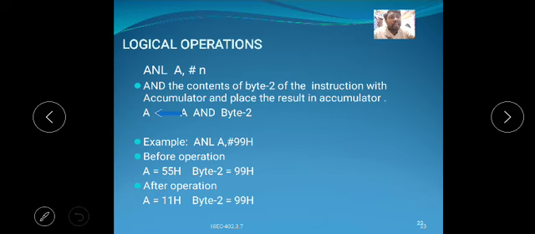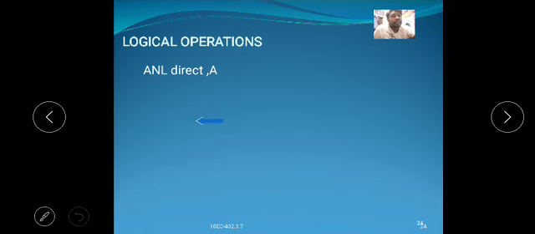Example: ANL A comma #99H. Before operation A is equal to 55H, the immediate data byte 2 of the instruction is 99H. After operation A is equal to 99, the immediate number in byte 2 of the instruction is 99H.